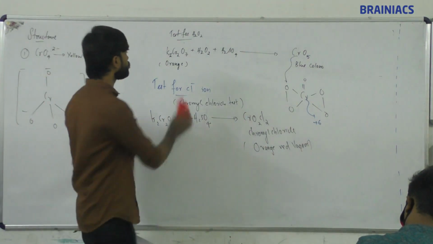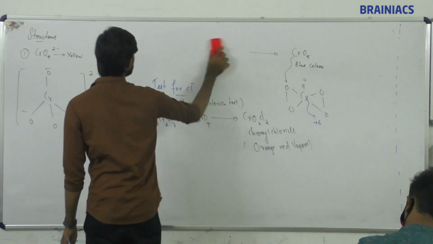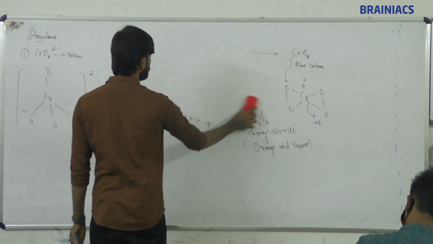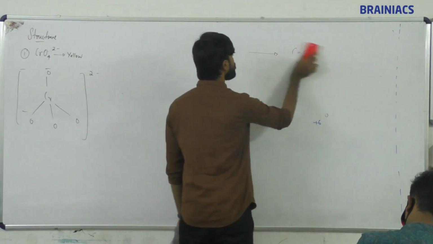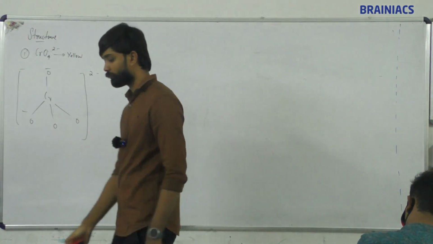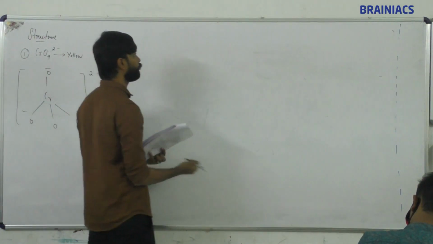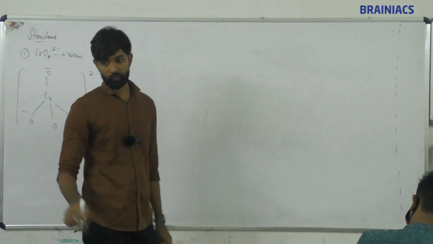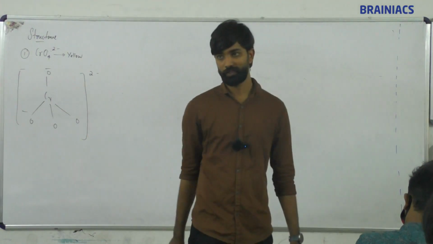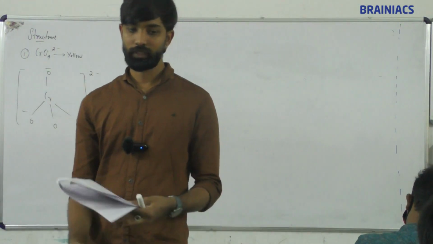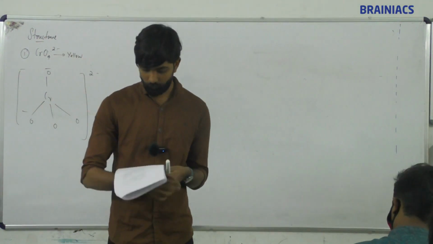The next, structure of dichromate. Dichromate has a bridge bond, okay, fine.